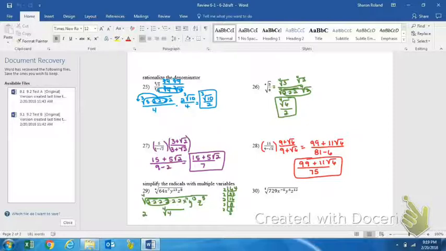Now I'm looking at the x's. There's 7 x's. You do 7 divided by 4 is 1, so there's 1 x on the outside, but there's 3 left over. So there's 3 left on the inside. 13 divided by 4 is 3, so there's 3 y's on the outside. There's 1 remainder.